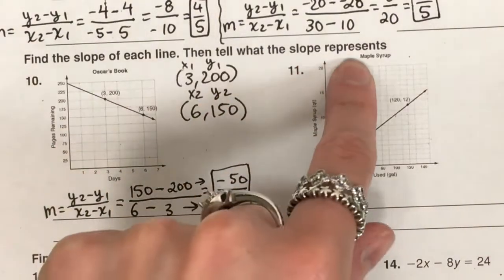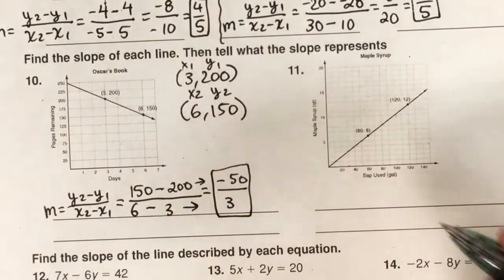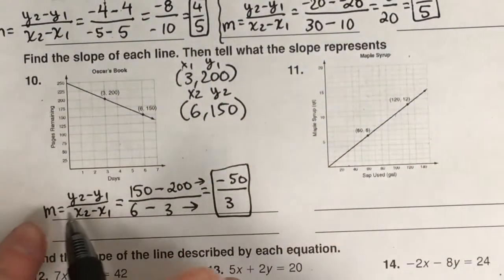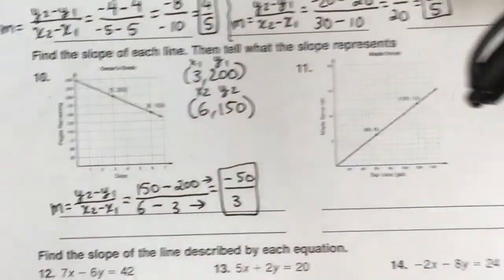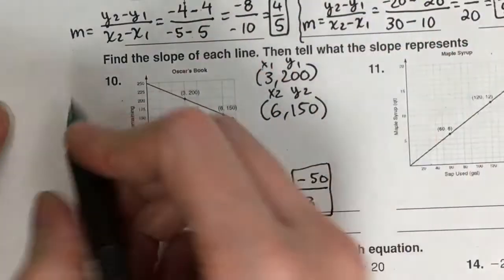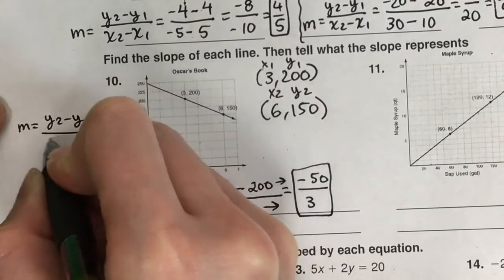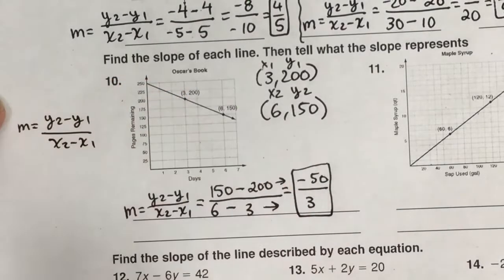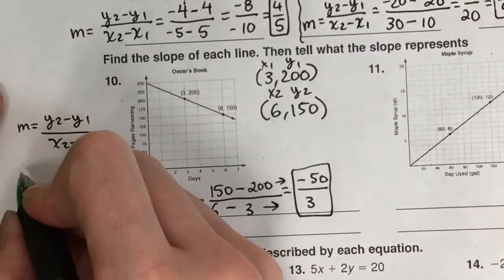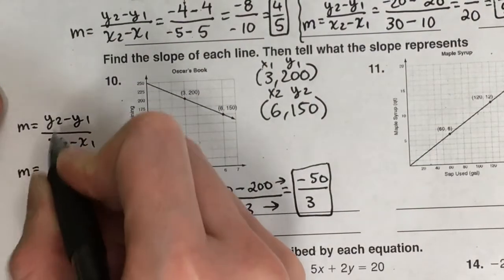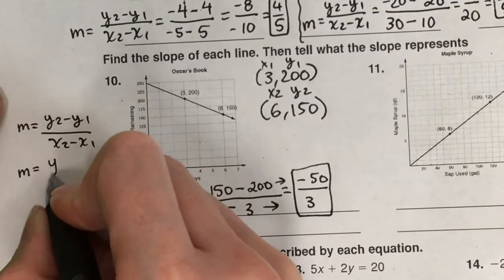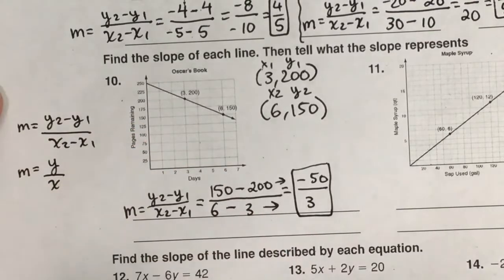Okay, now to tell what it represents, you know my formula for m, let me go ahead and do it right here. My formula for m is y2 minus y1 divided by x2 minus x1, correct? Now, a simplified version is m equals what is up, y, divided by down is x.